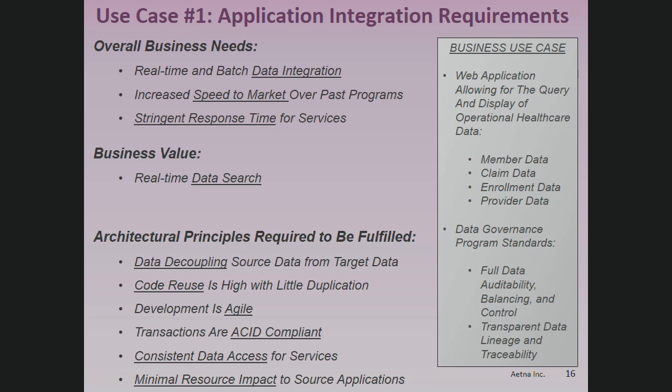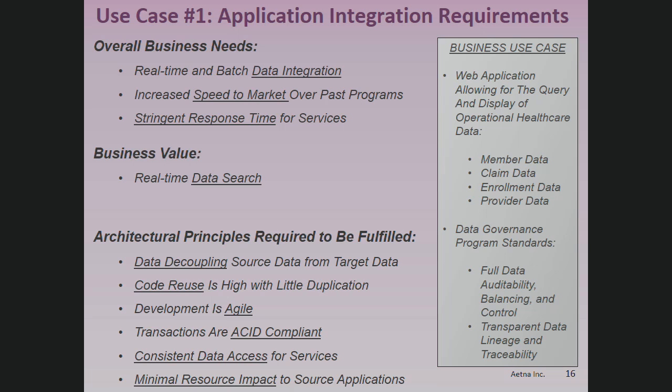So getting into some specific use cases that Aetna has, the overall business needs would be real-time and batch integration, real-time data search, and then architectural principles, which are important: data decoupling, reuse, agile, ACID compliant, consistent data access, the things that we've talked about already.